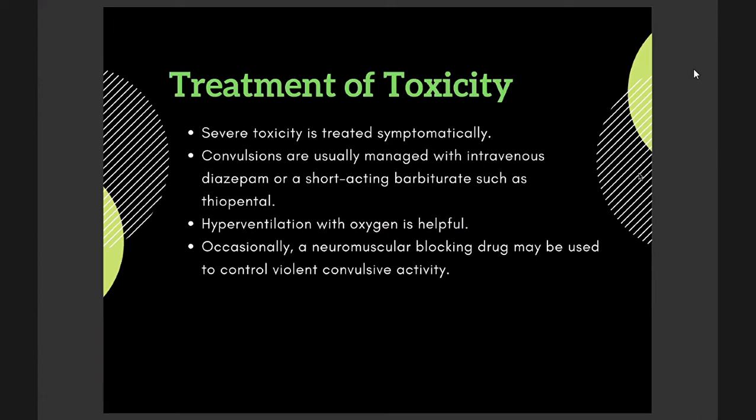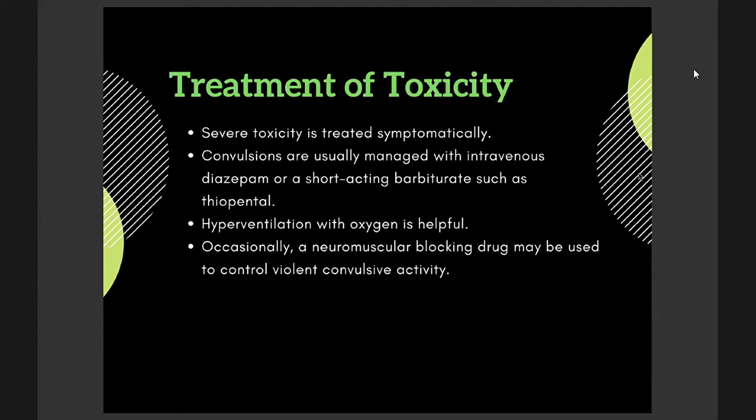Very important is the vigilance for an inadvertent direct intravascular injection, and be aware of the early signs and symptoms of local anesthetic systemic toxicity. This is the thing that you should remember.